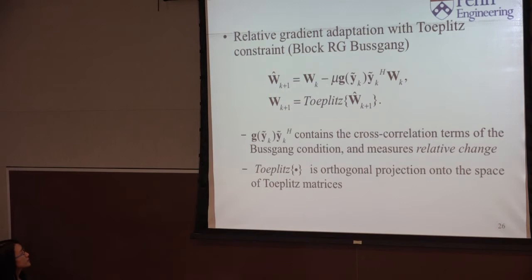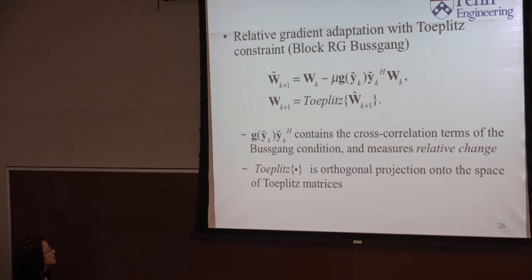So basically, with relative gradient for matrix, we have the two-step adaptation. The G here is just a derivative of the cost function that is defined for a certain Pascal type algorithm.